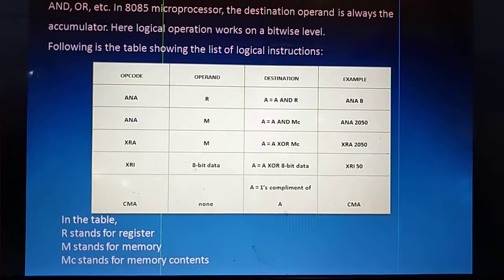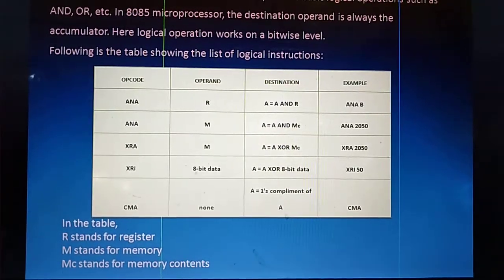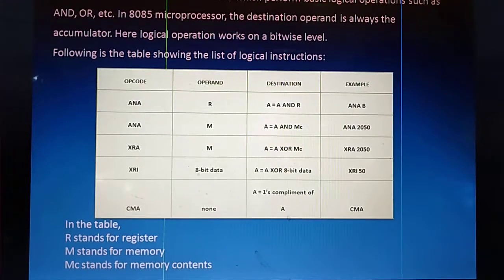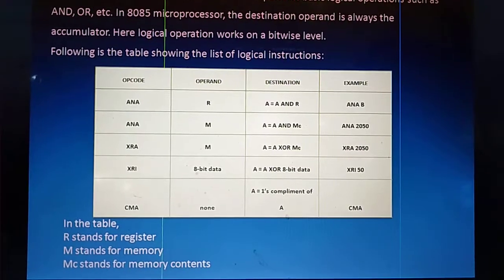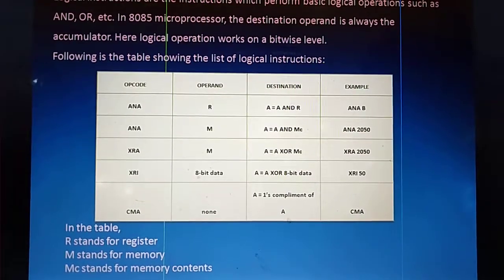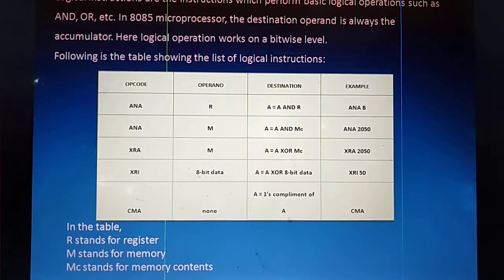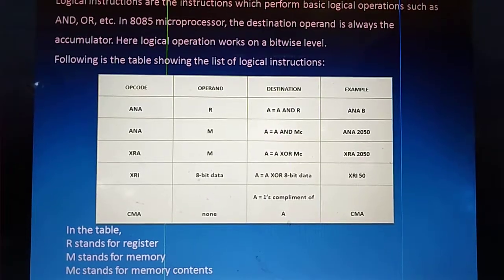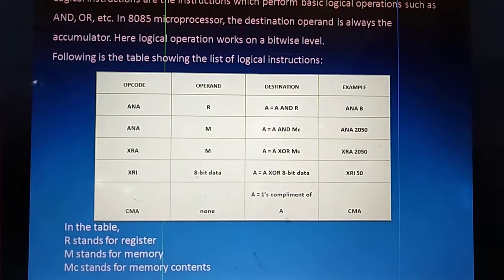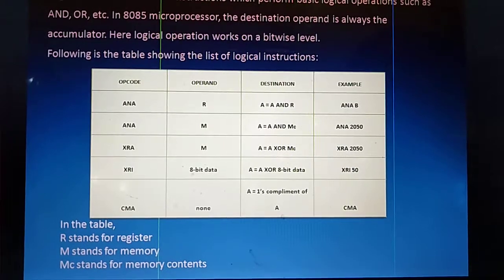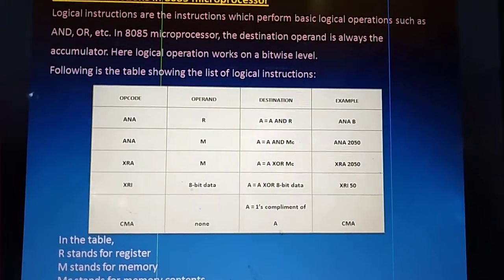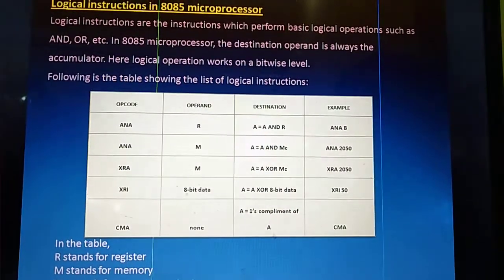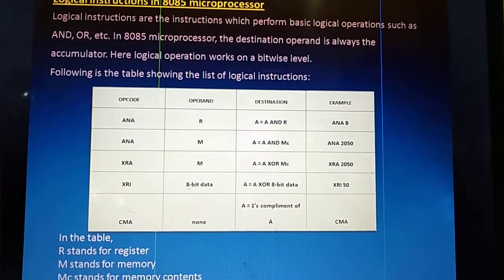ANA operation code, operand is R, so destination will be A = A AND R. Example, ANA B. In this table, R stands for register, M stands for memory and MC stands for memory contents. Again, these are simply some commands of logical instructions. There are a number of logical instructions.